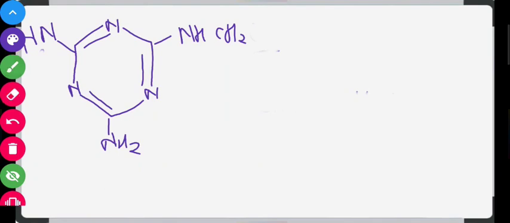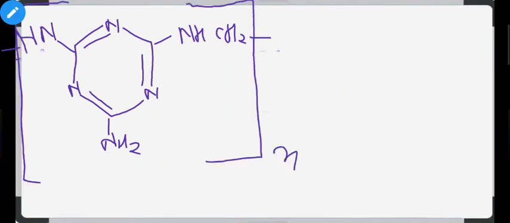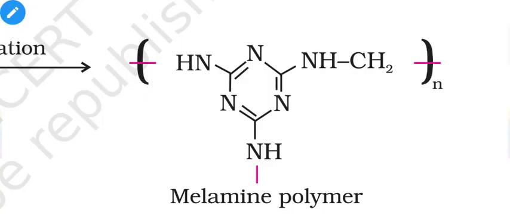So that means it will end up in this type of polymeric unit, and you will get a large sized polymer of melamine and formaldehyde. And because of good strength, this melamine polymer is used to produce unbreakable crockery.